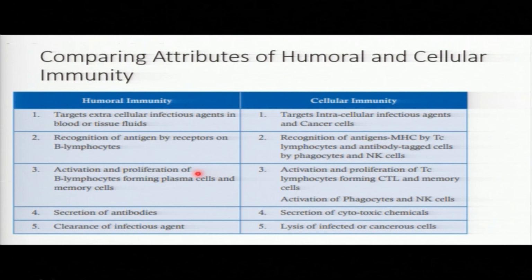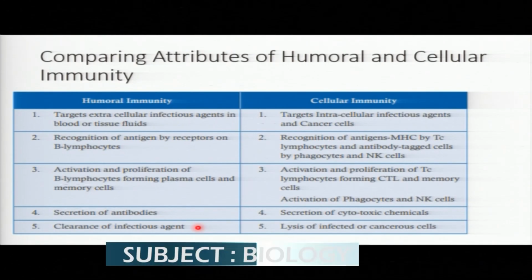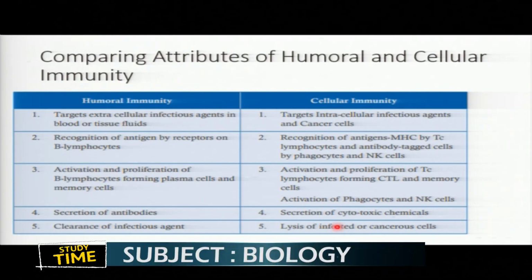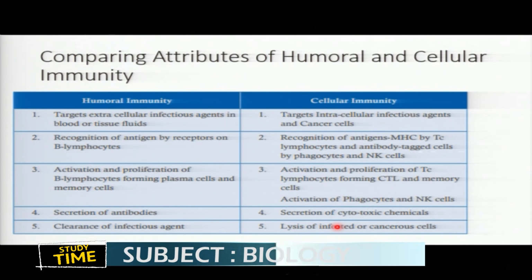Then activation and proliferation of B lymphocytes form plasma cells and memory cells, while this one forms cytotoxic T killer cells and also memory cells. Secretion of antibody here, secretion of cytotoxic chemicals there. This is the clearance of infectious agents, then the removal of infected cancerous cells. Okay, we have already talked about that.